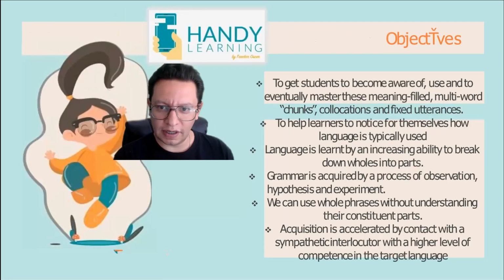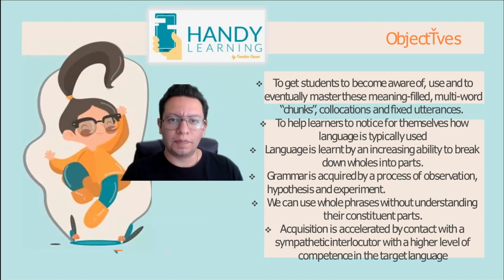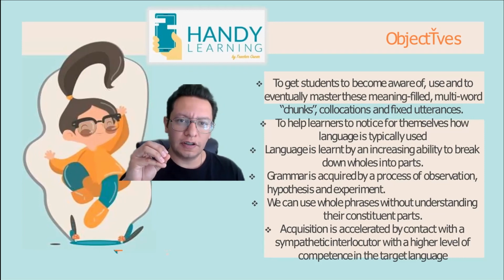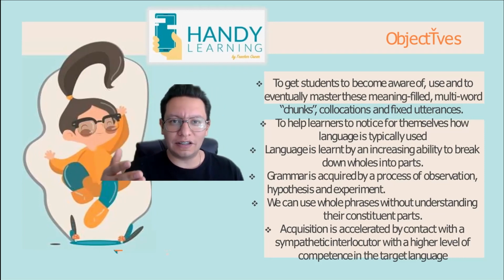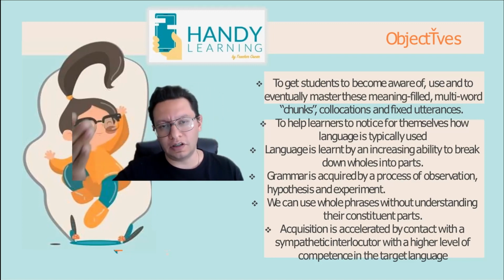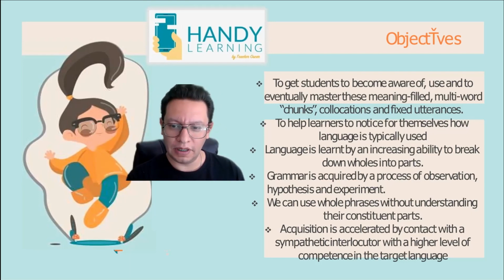So the objectives, it says, are to get students to become aware of, use, and eventually master the meaning field of multi-word chunks. So by the constant use of different expressions, collocations, or chunks, the student is expected to master and be able to differentiate and use the different expressions in context and start making combinations with the different items of lexis, such as conjunctions, prepositions, to create contrast, sequence, consequence, and so on, so they can produce their own meaning.